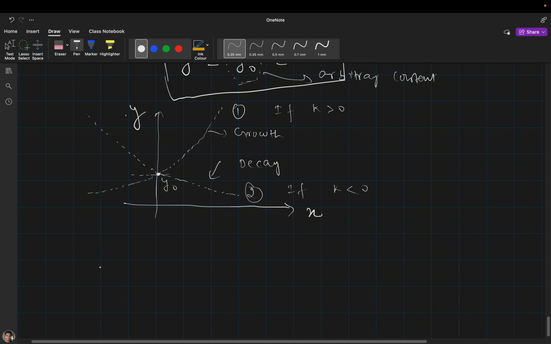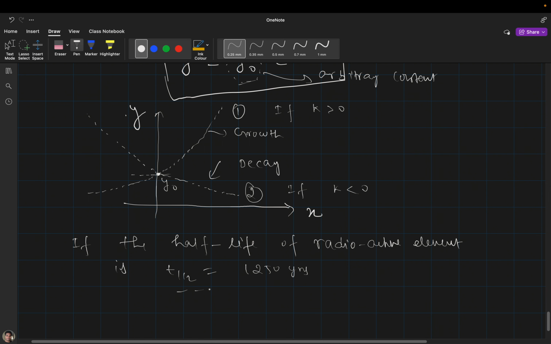Now if someone asks, suppose that element is a radioactive element, and the half life of the radioactive element is t one half, suppose 1250 years.